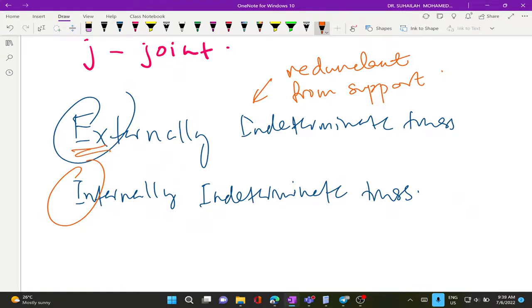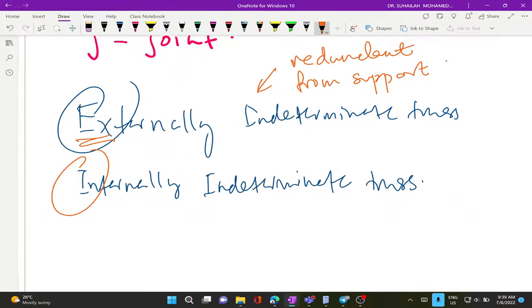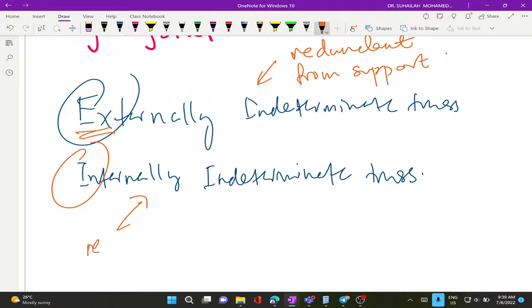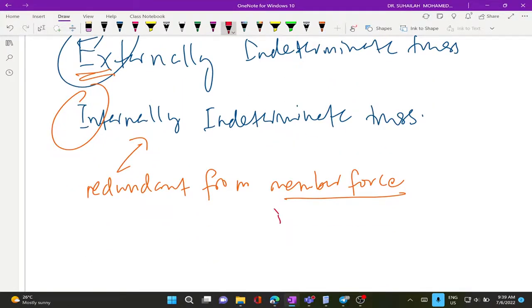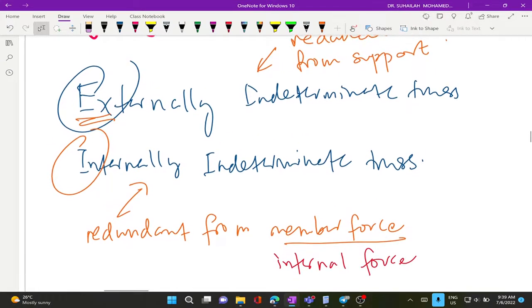But there is a case where the redundant comes from member force, which is an internal force, and we need to remove a member from the system.